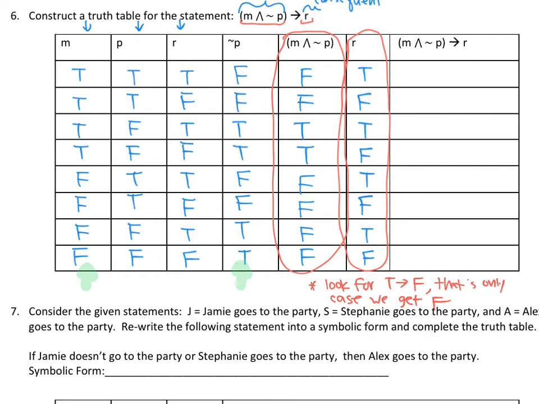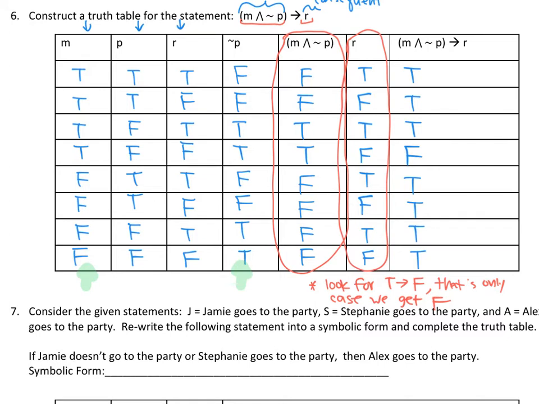So comparing these two columns, do I see true, false right here? I see here's true for antecedent, false for consequent. This is false. Do I see another true, false? I think that's it. So everything else is true. So true, true, true, true, true, true, true.